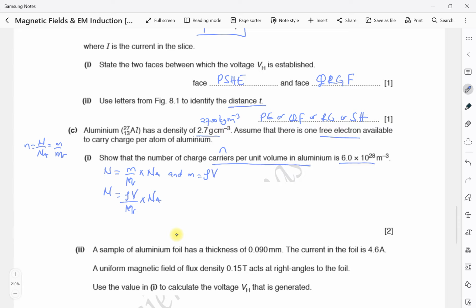I don't want to use N for number of moles because N is going to be number density in this part.